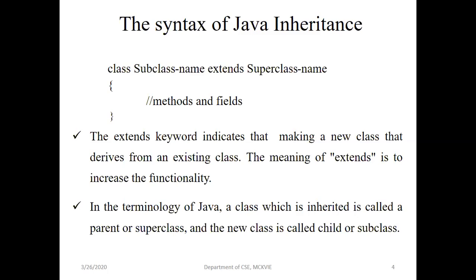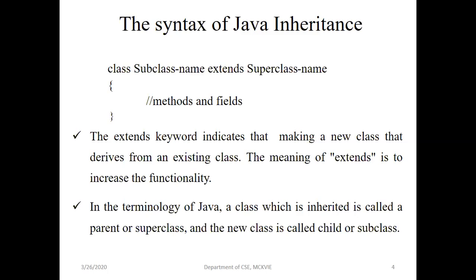The syntax is: class, subclass name, extends, superclass name. So if we write class B extends A, it means B is the child class and A is the parent class. I'm extending class B from class A.